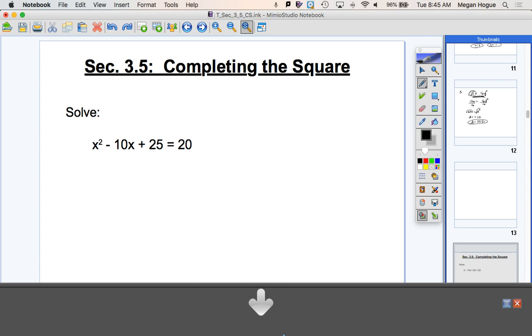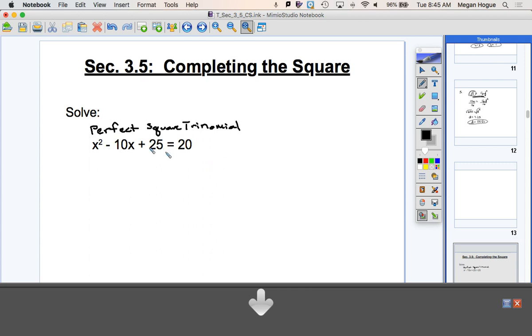Yesterday, we were told that this left side was what kind of trinomial? All right, so maybe let's put that label above this. This is a perfect square trinomial. That was what we put on our yellow sheet yesterday.